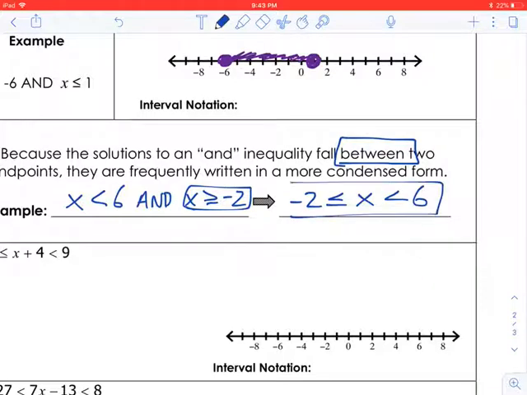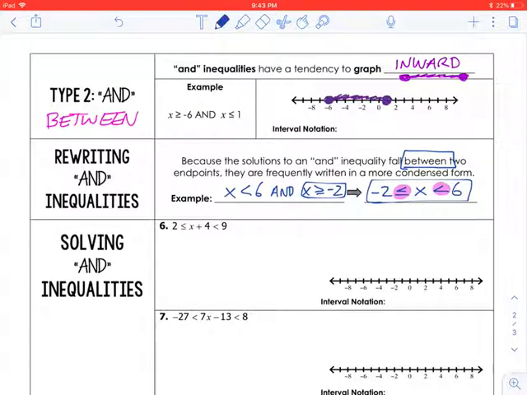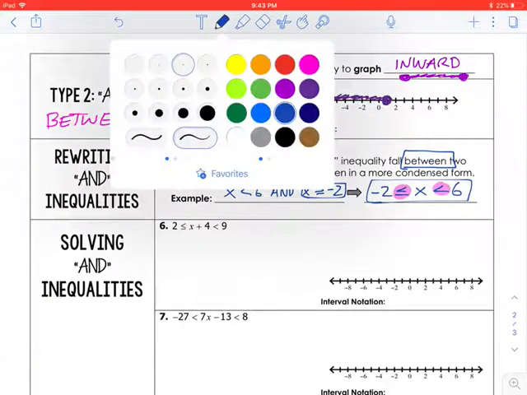Okay, so that is the condensed form, and notice it's least to greatest, and you always have less than. So you want to make sure that's how it goes each time.